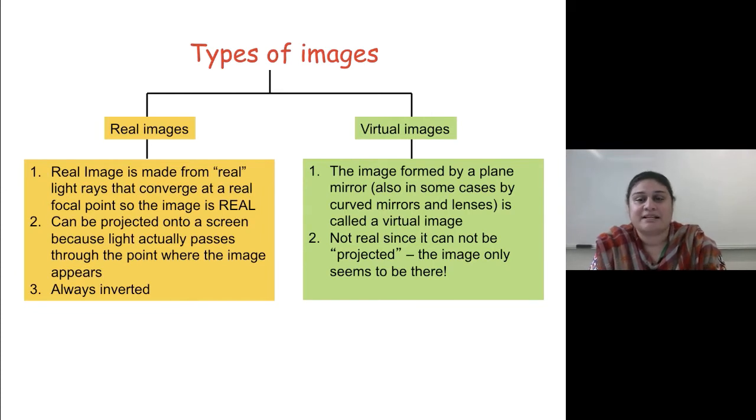Virtual image is the image formed by a plane mirror, also in some cases, as we will see, by curved mirrors and lenses. It cannot be projected onto a screen because real rays do not go where the image is seen at. Okay, the image only appears to be there.